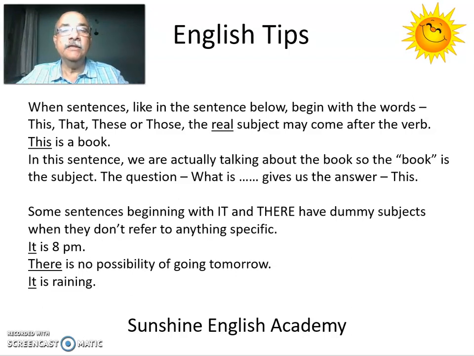These sentences may begin with it, like when we are talking about the weather or the time, or they may begin with the word there. So here are sentences where it and there are dummy subjects. It is 8 p.m. There is no possibility of going tomorrow. It is raining.